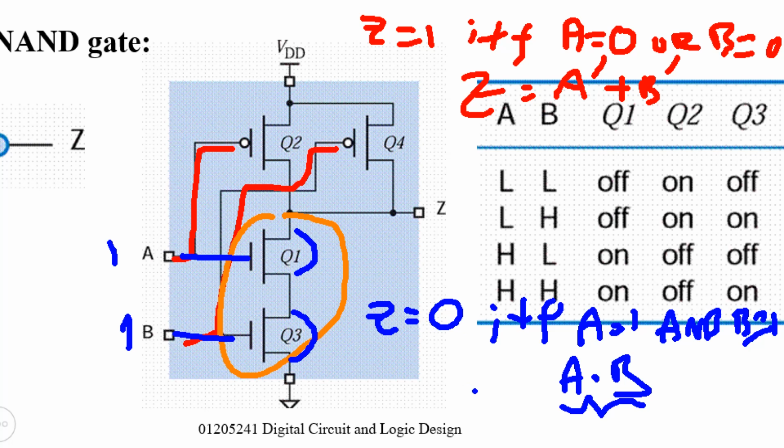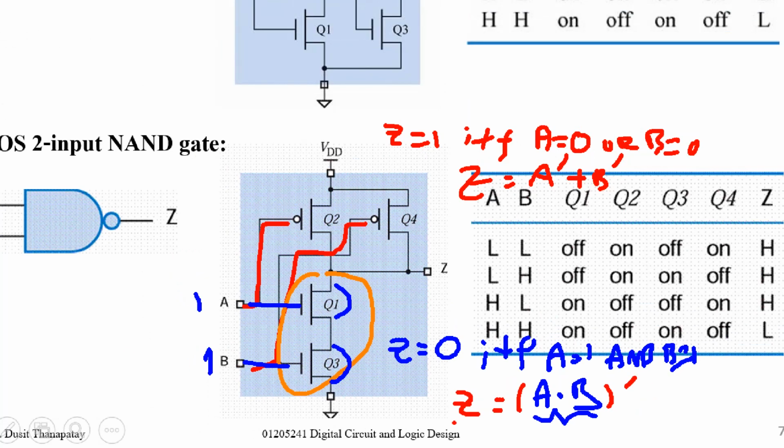Your result will be 1 otherwise. So your final expression for the function is the inverse of A and B. That's all. And again, based on De Morgan's theorem, the inverse of A and B equals A inverse plus B inverse.